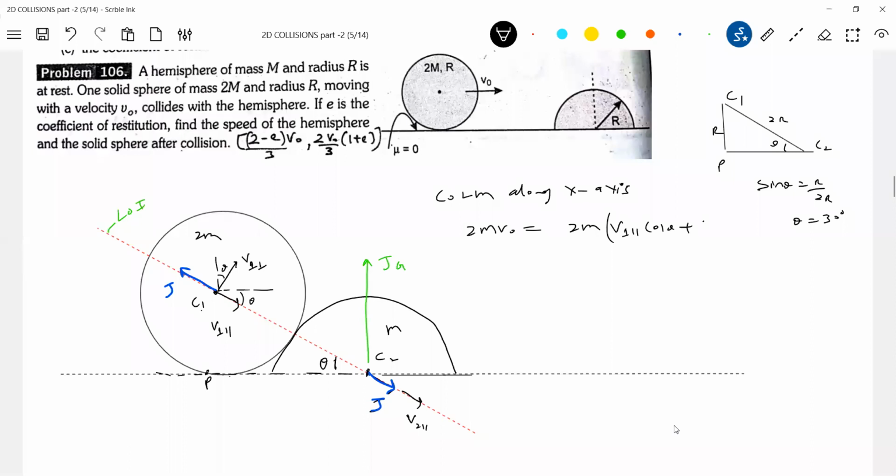Then another component, 2m v1 perpendicular sin theta plus m v2 parallel cos theta.